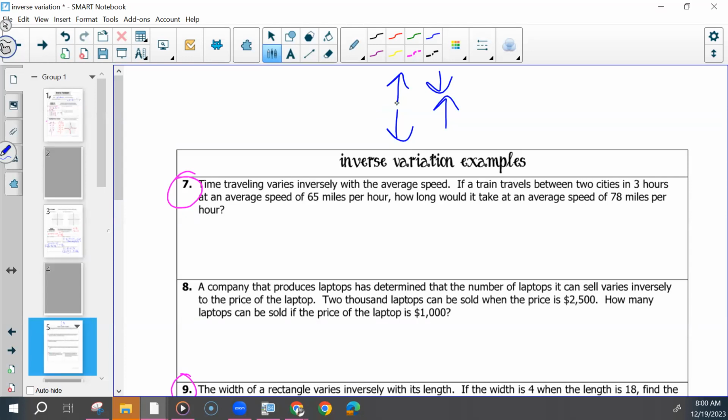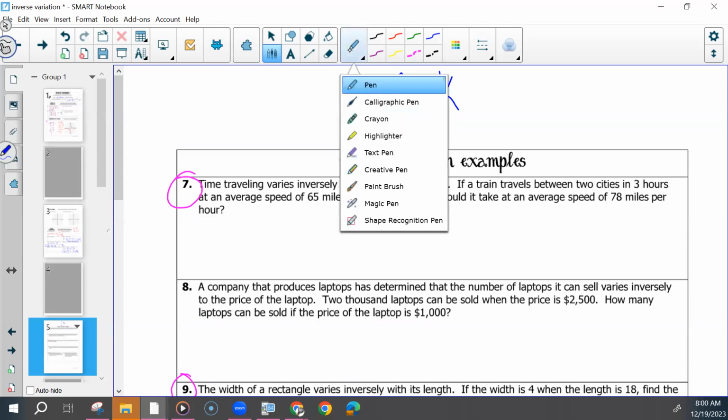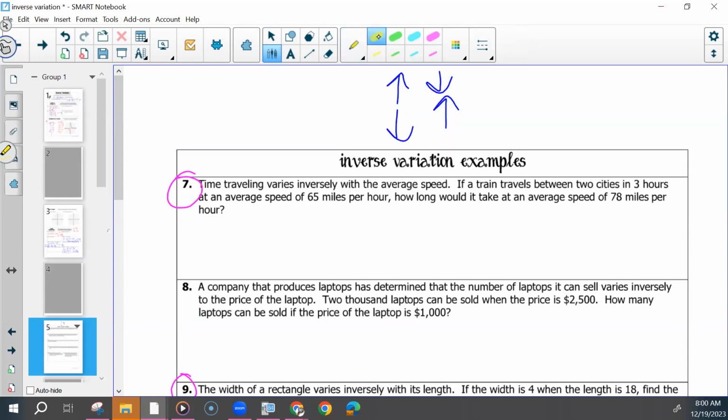Time traveling varies inversely with the average speed. If a train travels between 2 cities in 3 hours at an average speed of 65 miles per hour, how long would it take at an average speed of 78 miles per hour? What's important there? I'm traveling 65 miles per hour. I'm just trying to highlight everything.